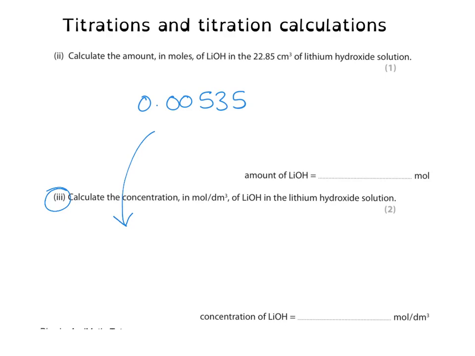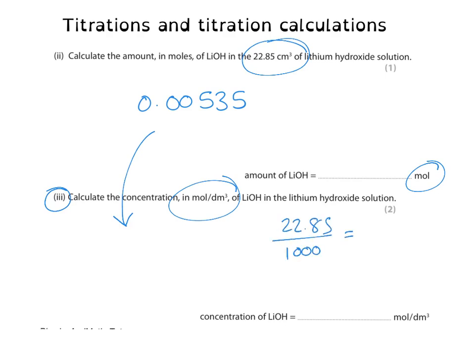0.00535 is going to be important in this. That's my moles. I now want moles per decimetre cubed. And I haven't used this number up here, 22.85. That is in centimetre cubed. So whenever we get that, 22.85 needs to be turned into decimetre cubed, 0.02285.